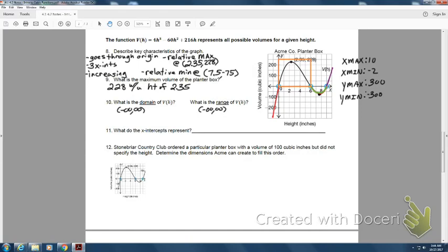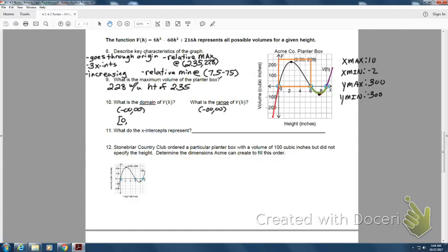So what is the lowest x value there? 0. Remember, x is representing height. Is it reasonable that we can have a height of 0 on this? Yes. Okay, that's whenever I talked about someone just going in and buying a flat piece of copper. It's not likely, but it is a possible outcome.